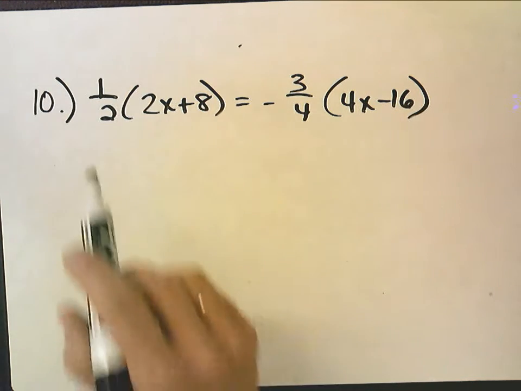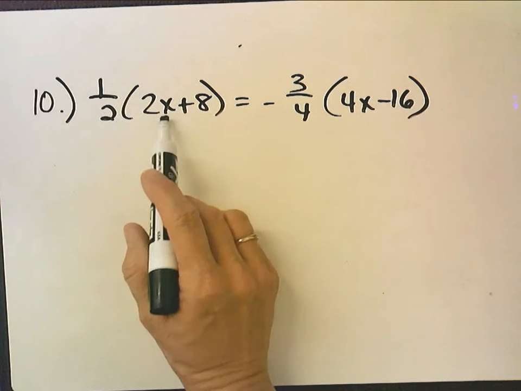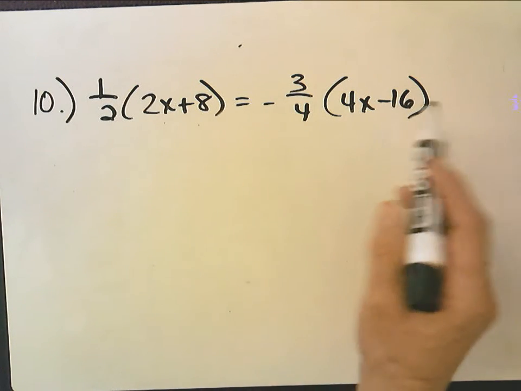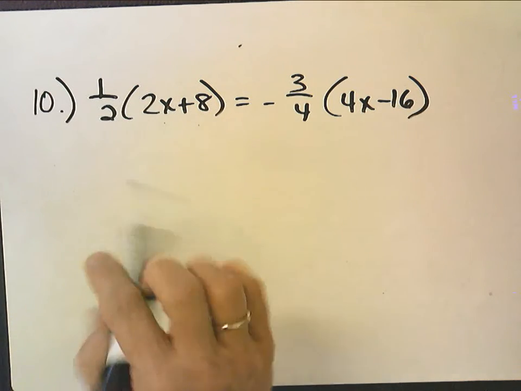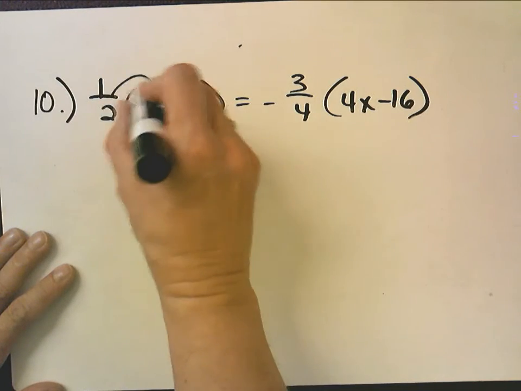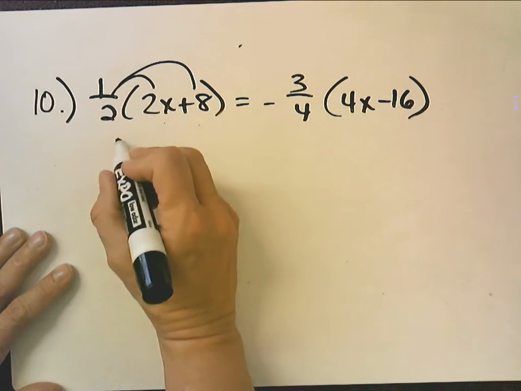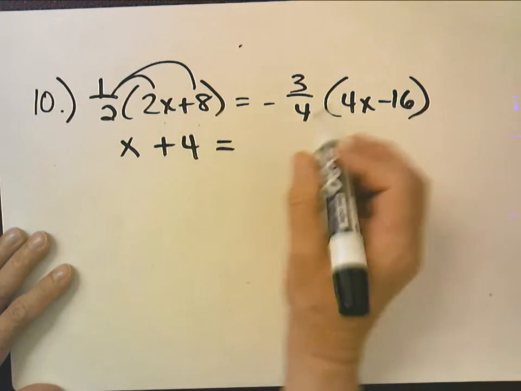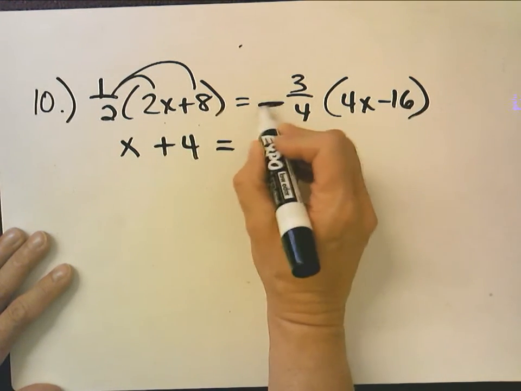So, looking here, 1/2 of 2x is x and 1/2 of 8 is 4. It looks like I can clear this equation of fractions by distributing. So I do 1/2 times 2x is x, 1/2 times 8 is 4. Now here I have to be careful, this is negative.